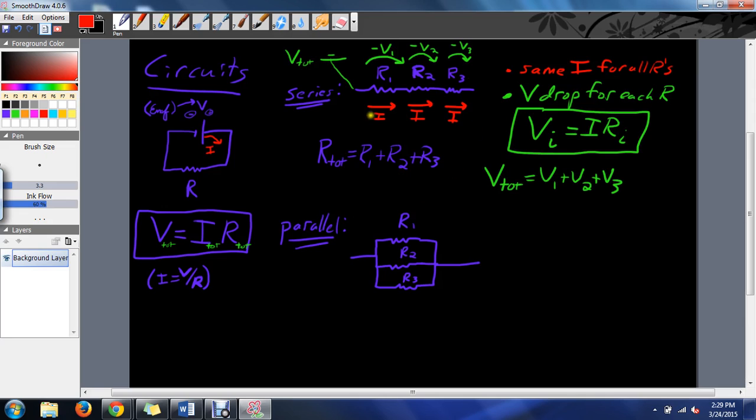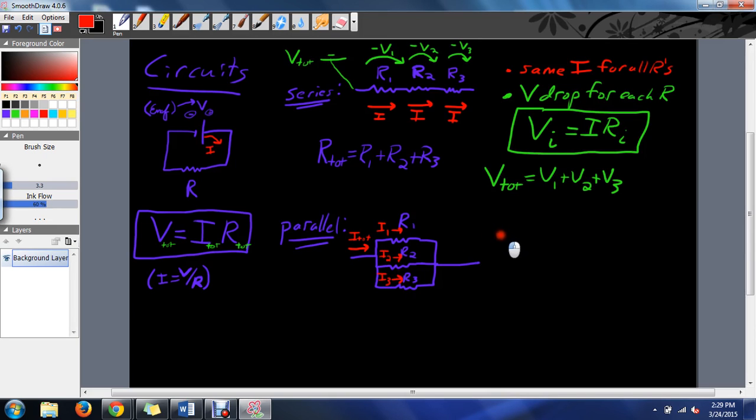So first, let's do the same analysis with the current. You're going to notice the current coming in now has 3 different choices. Like a river splitting into 3 separate rivers, you will get 3 separate currents, 1 through each individual resistor.